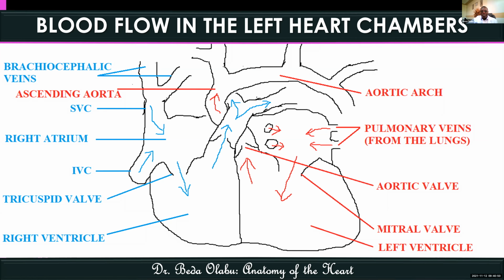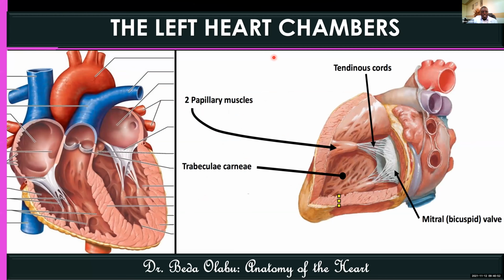Having mentioned that, we can now just highlight something about the inner chambers of the right atrium, left atrium and left ventricle. The left atrial chamber is predominantly smooth, as we can see, except the left auricular appendage that will be trabeculated.